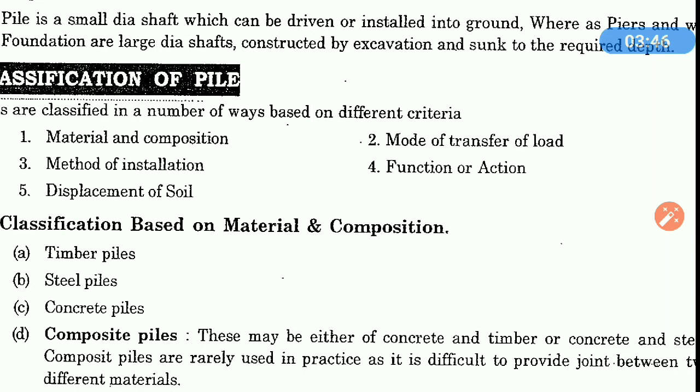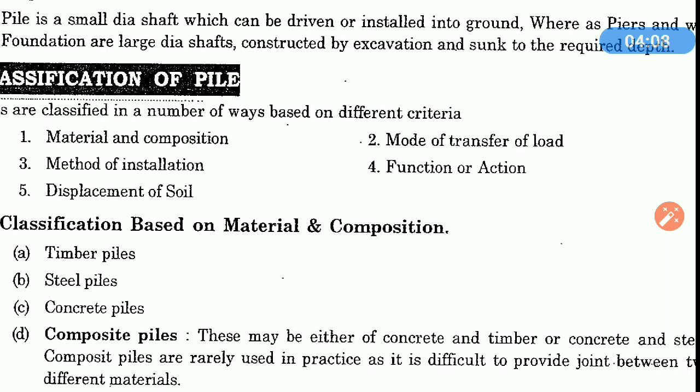So we can divide piles into four categories: timber piles, in which the material used to make the pile is timber, second is steel pile, third is concrete pile, and fourth is the composite pile.